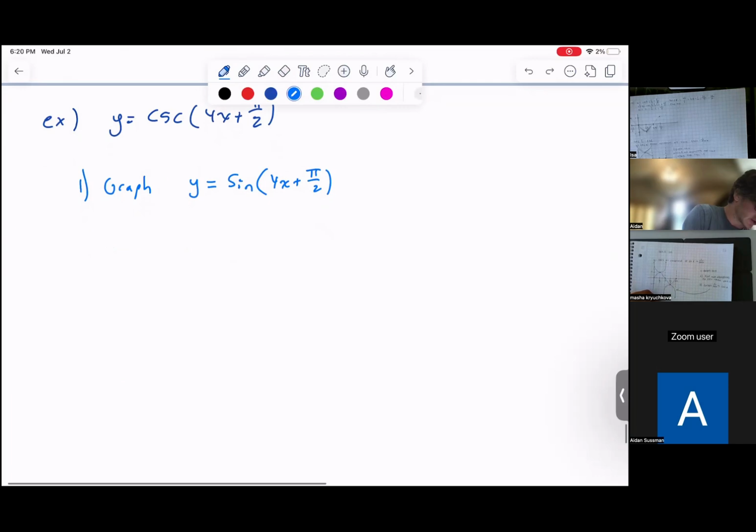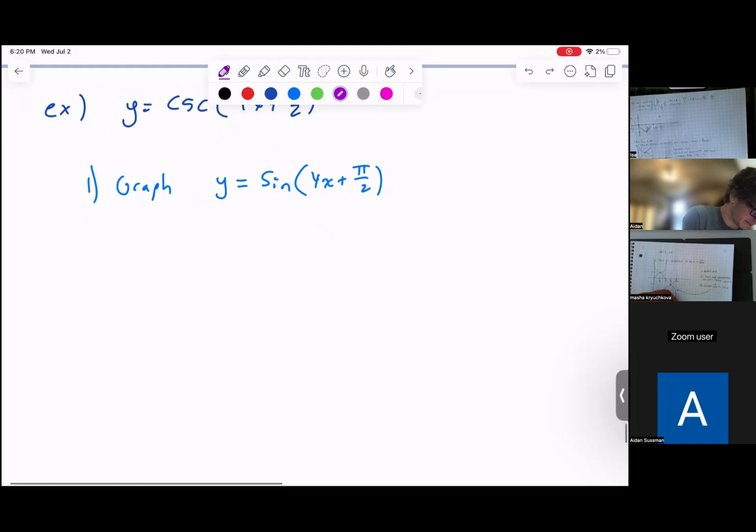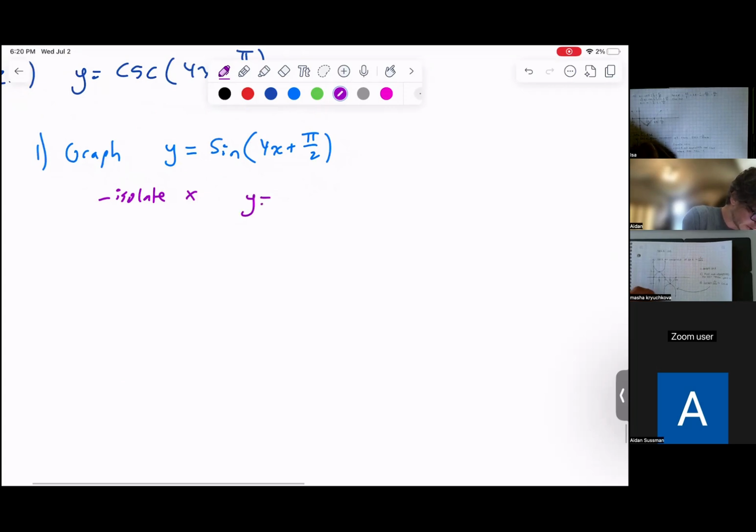All right, well, now we have to do all of our steps with sine. So what do we have to do first? I'm going to just say isolate x, so we have to make x by itself. To do that, we're going to take sine, and we're going to get sine of what?